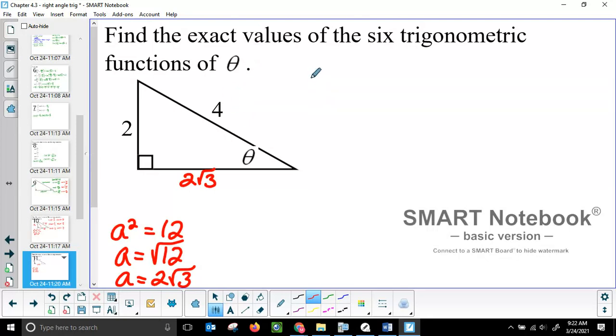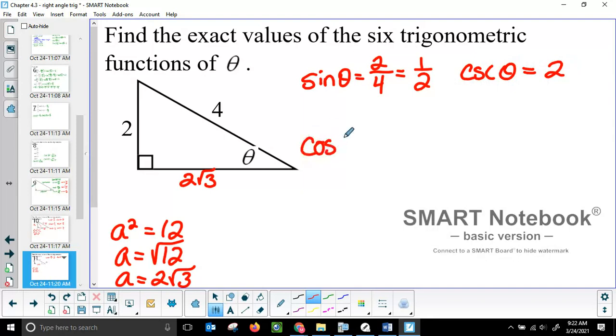So we can say, sine of theta is opposite over hypotenuse. So 2/4, which reduces to 1/2, which means cosecant of theta is equal to what? 2.